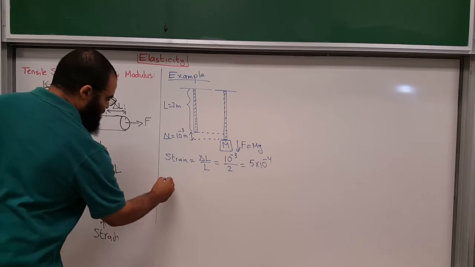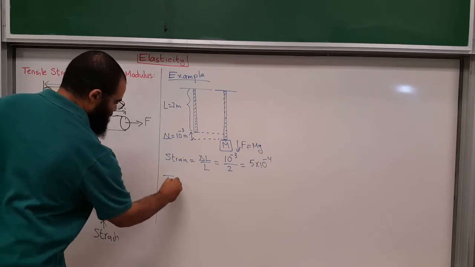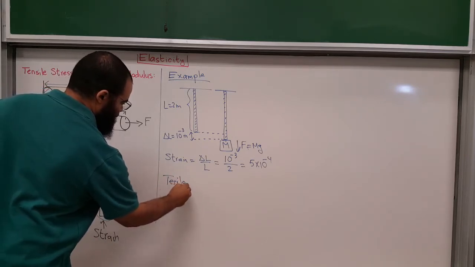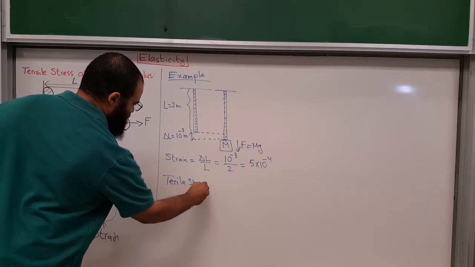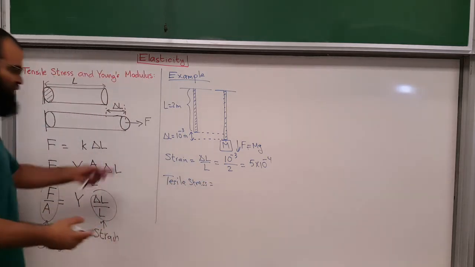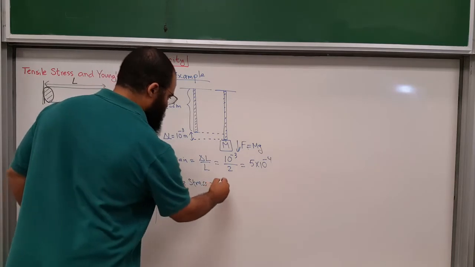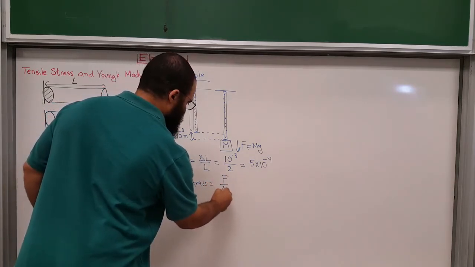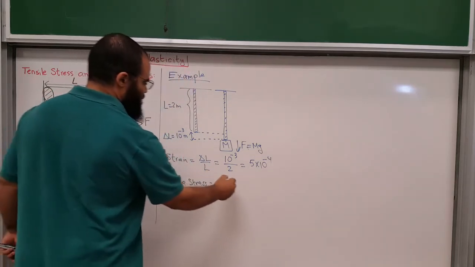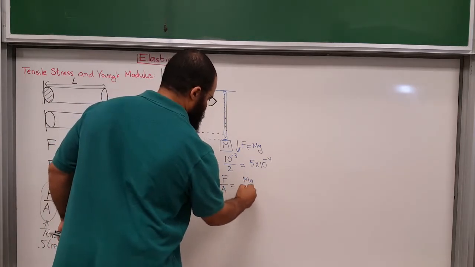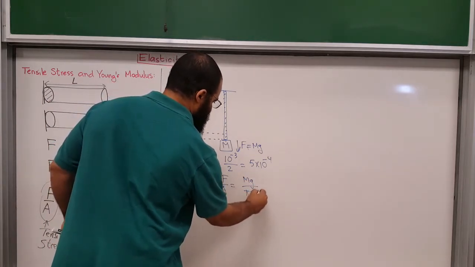The stress, or tensile stress, you don't have to do it this way, you could just solve for Young's modulus. It would be F times L over A over delta L. But let's just do it in 2 steps. It will be the force over the area. And the force is mg, and the area is pi r squared.